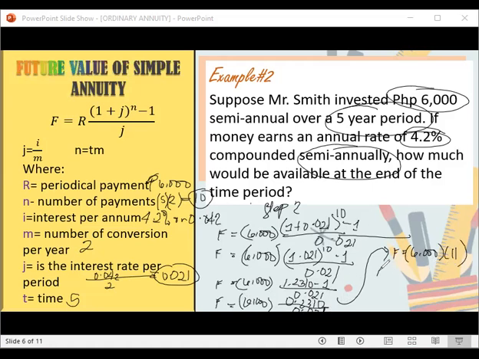So, 6,000 times 11, the future value will be 66,000 pesos. Okay, class, don't forget the peso sign. So, that's it for the future value. That's how easy it is to get the future value. So, again, step 1, given. Step 2, substitute it. And step 3 is to simplify using GEMDAS.